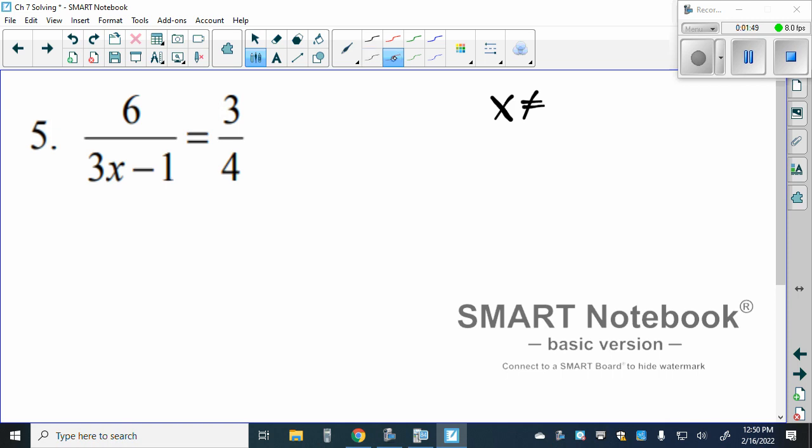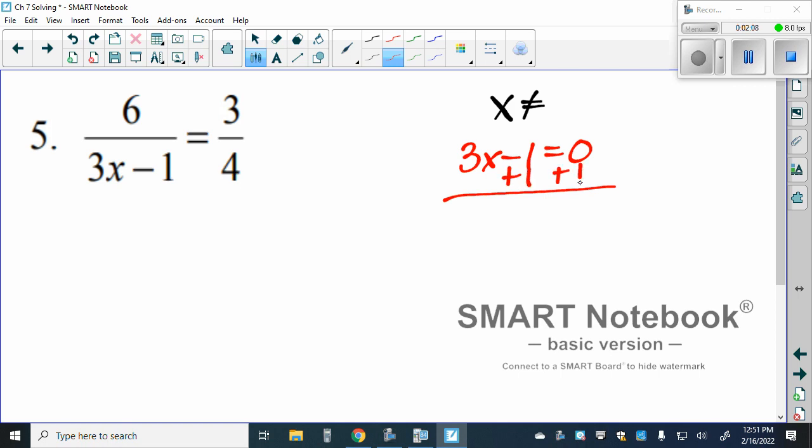And for this here, the only place that there is a chance of having a denominator being 0 is at the 3x minus 1. Because if 3x minus 1 is 0, then we have 0 in the denominator. And to find it, really, we just set it equal to 0 and solve.